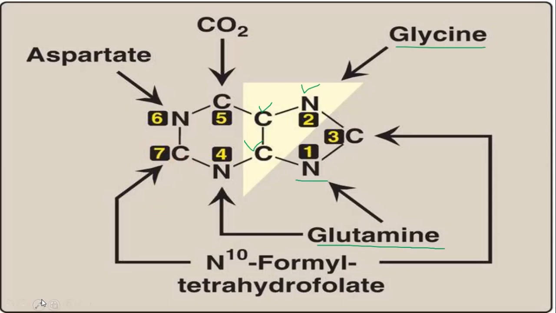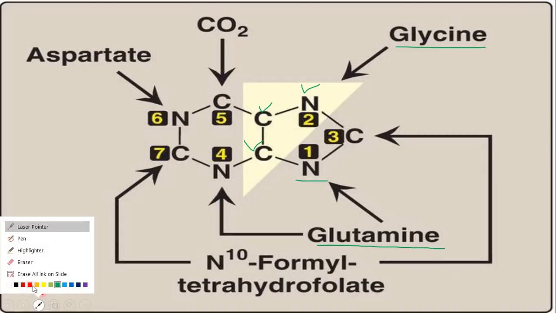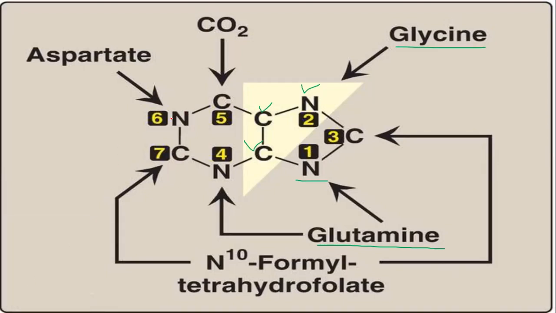But when numbering this compound, this is number 1, this is number 2, this is 3, this is 4, this is 5, this is 6. You can see I've gone anti-clockwise in the hexagonal ring.